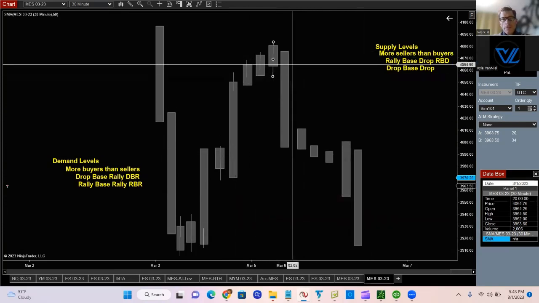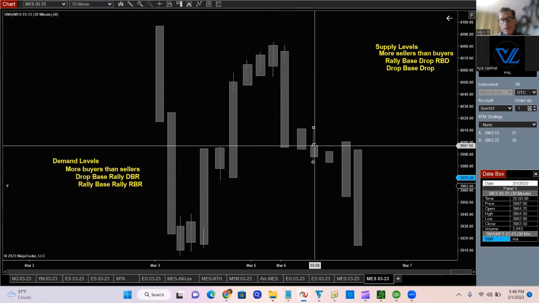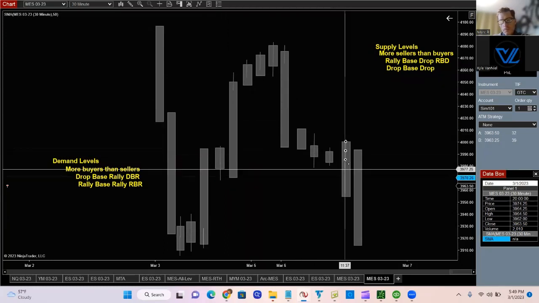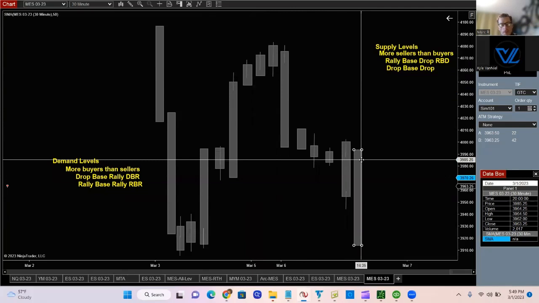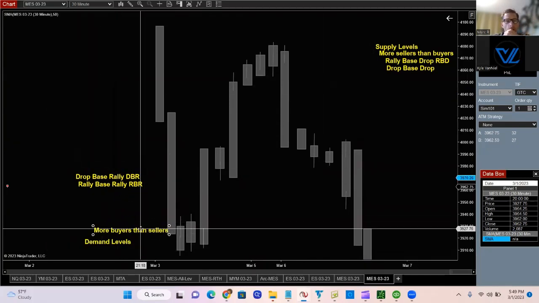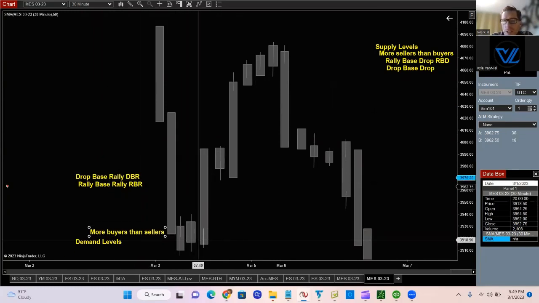You don't need any color to get this idea, but this is your demand level. There's more buyers here than sellers because price doesn't go down anymore. If nobody else was buying here, price would continue to go down.